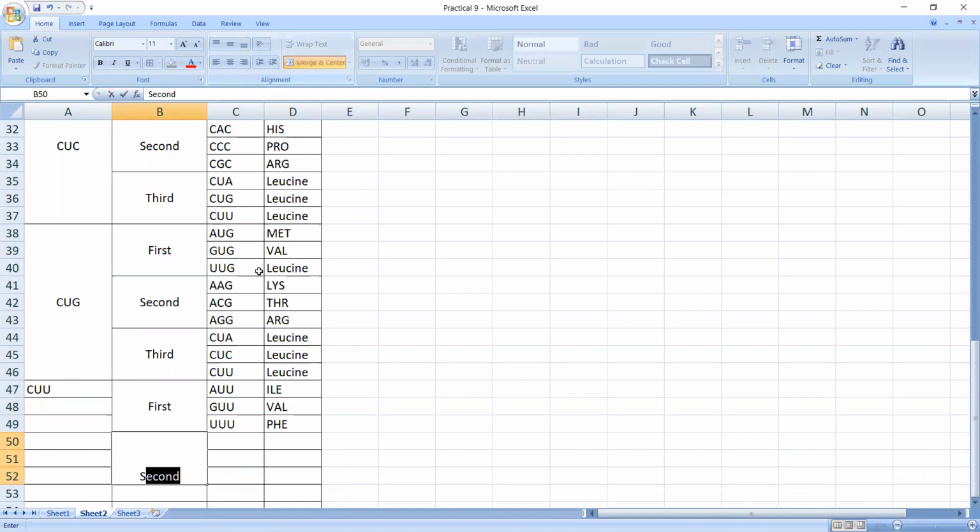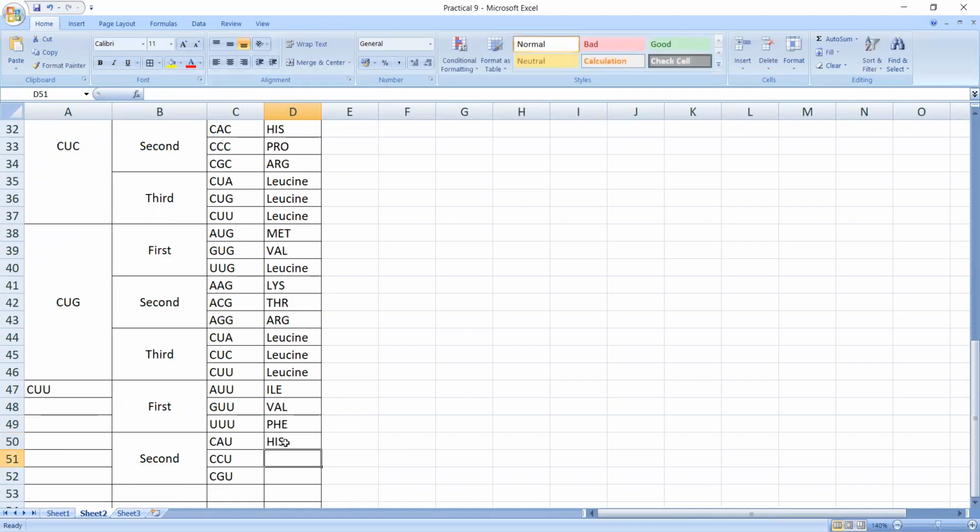If there is a mutation in the second base, what is the second base here, students? It is a U. So it will be CAU, CCU, and CGU. Chalo, what is CAU? CAU is a code for histidine.